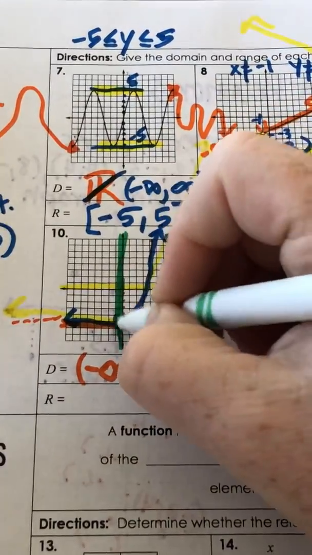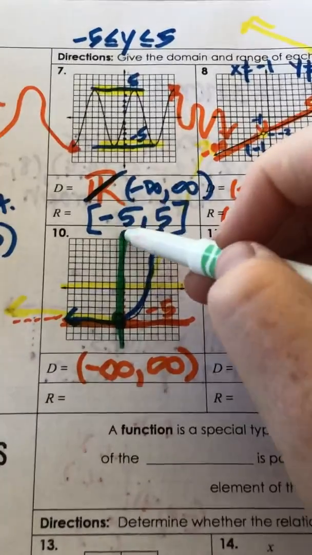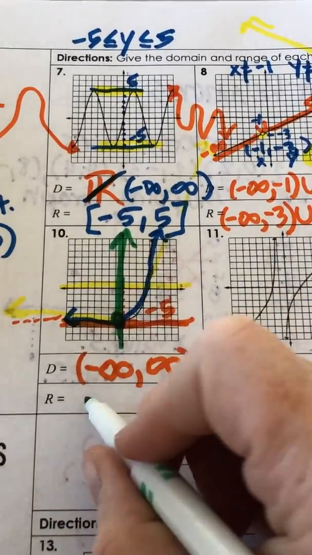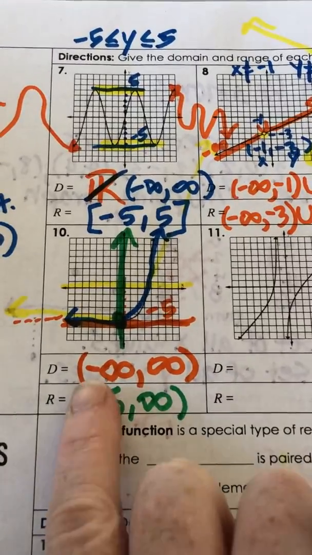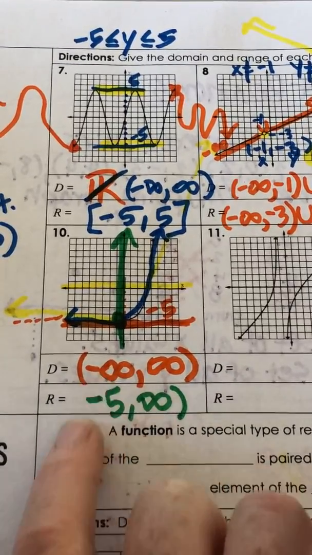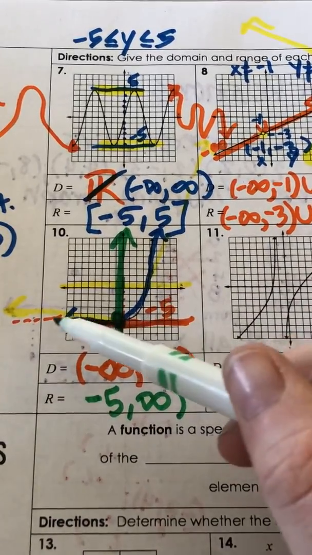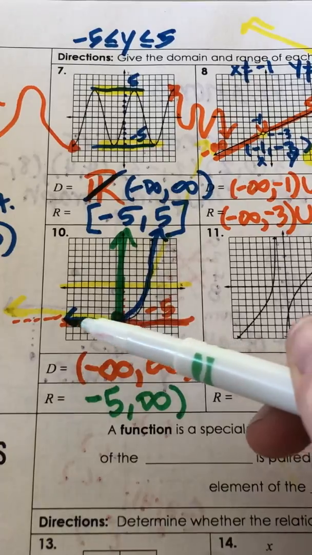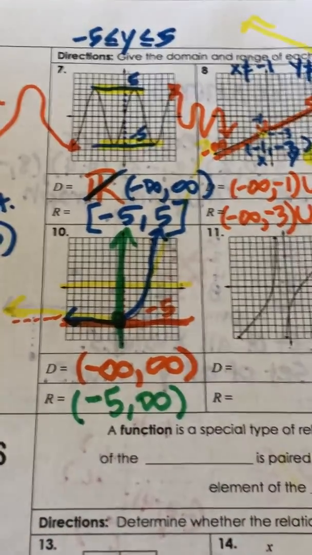This graph is clearly approaching -5 and then going up from there. So we have -5 and we know it's going up to infinity. Now, am I going to include that with a bracket or is it open with a parenthesis? Well, that's what asymptotic behavior means. It's approaching -5, but it's never getting there. So it needs to be open.